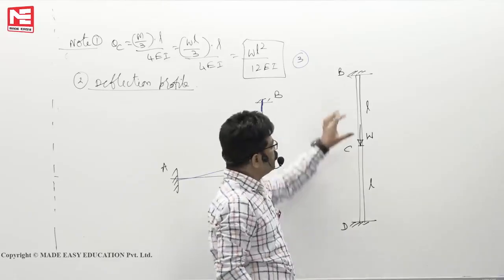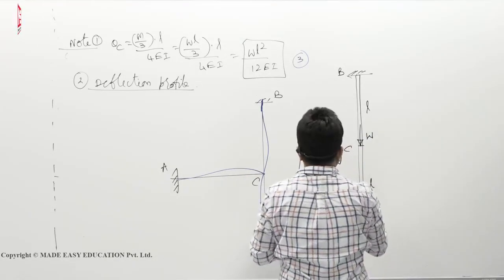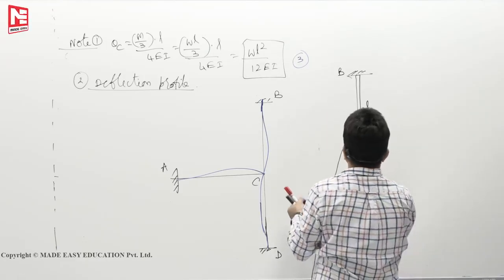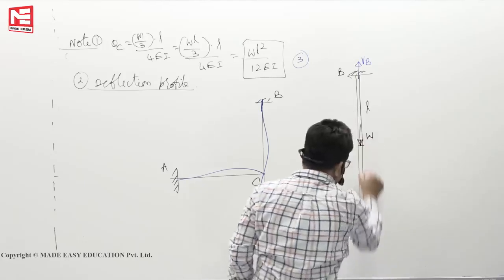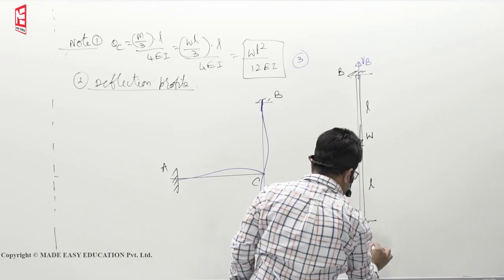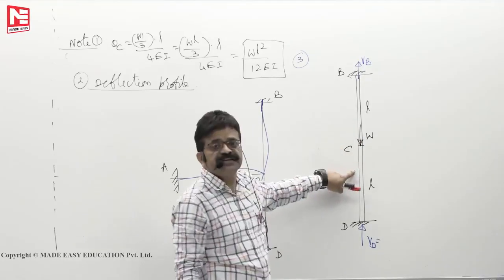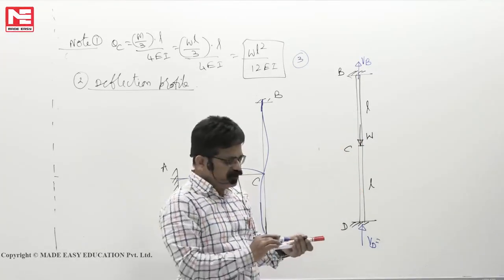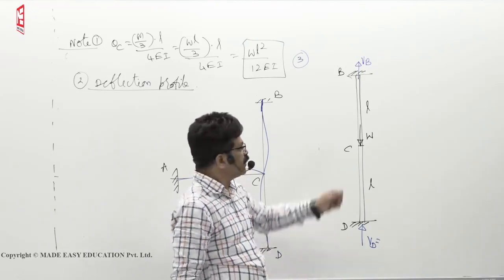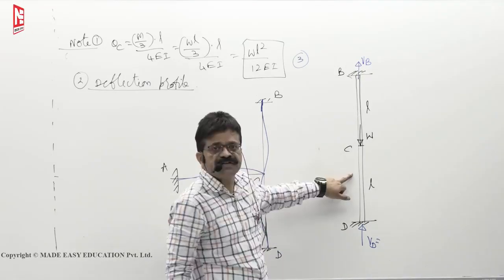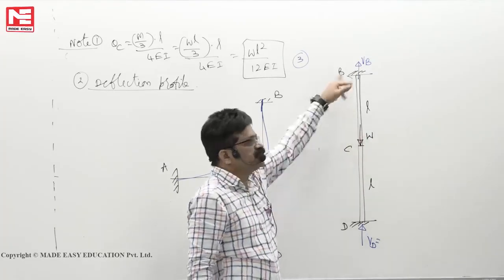When I am pulling it down, the reaction at B is VB upward, and here when pushing it down, VD is upward. Now in what ratio will both get distributed? If you know the axial stiffness, that's what strength of materials also has taken. If axial stiffness of two members are same, the share of your applied load is also equal.